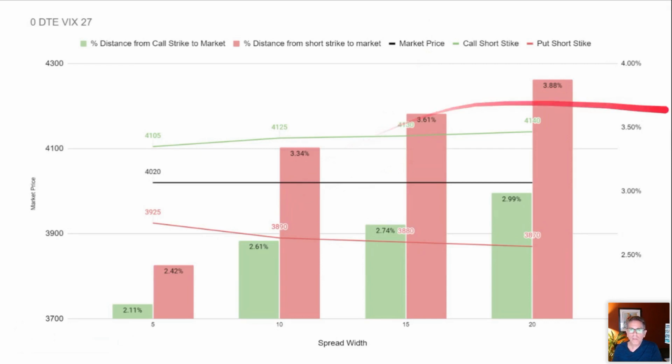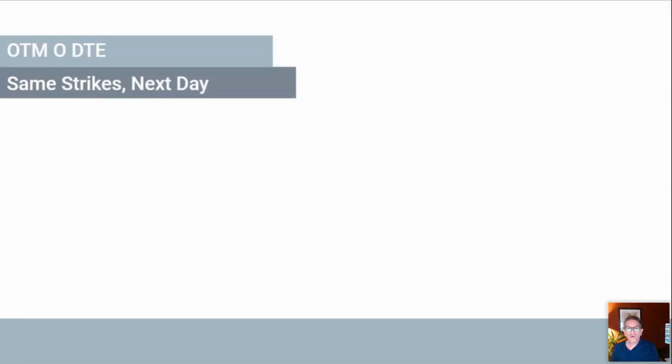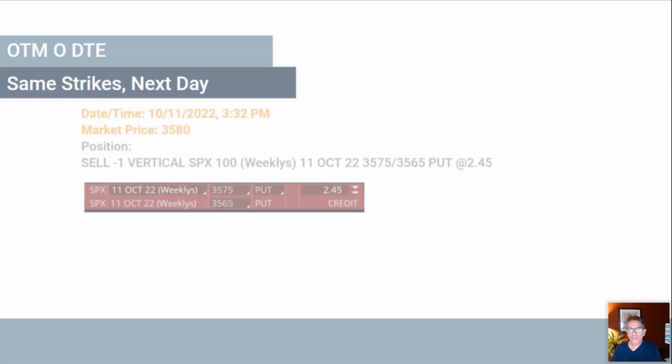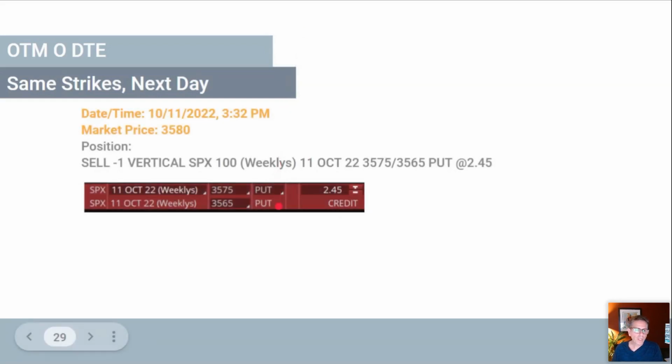All right. Okay. So now we're going to talk about all the different ways to manage these trades here. The first one I'm sharing is 0 DTE, and you have same strikes and next day when you roll. Right. So I'm putting up here a position that has basically been threatened. If you put on this position and it's 50 cents, here it's all moved up all the way to 245.